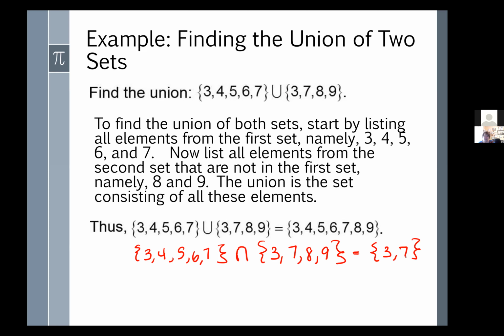So the 3 is in the union because the 3 is in one or the other set. The 4 is in the union because it's in one or the other set. The 5 is in the union because it's in one or the other set. So that's a union. An intersection must be in both sets. So 3, 7 is the intersection because 3 occurs in both sets, and 7 occurs in both sets. So union, it's in one or the other, and the intersection has to be in both.